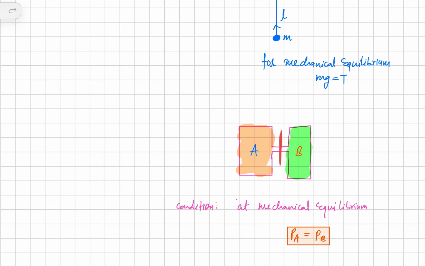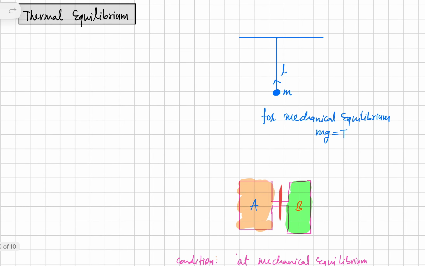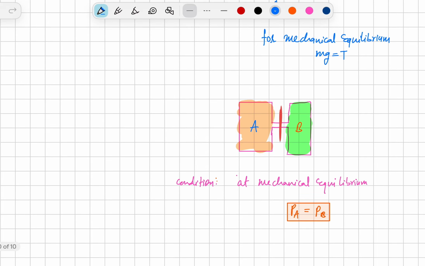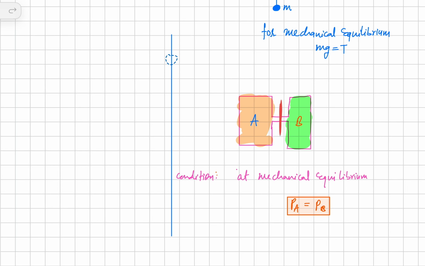Similarly, experiment shows that for thermal equilibrium the temperature of different systems remains the same, and that is the zeroth law. There are many ways of stating the zeroth law, but let me write one statement. What I have told you is not exactly the zeroth law written in the books, but this is also called the zeroth law.